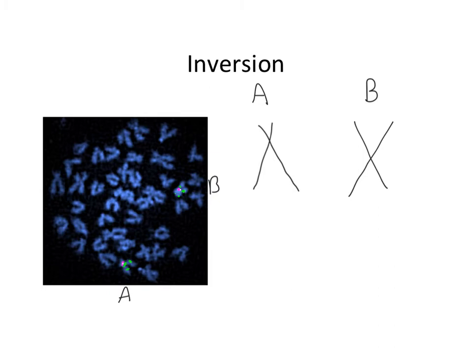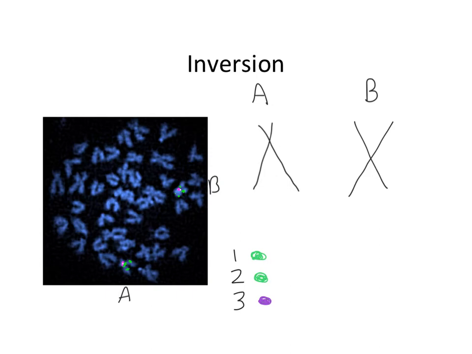Now in this experiment, we have 3 different probes, so I'll call them probe 1, probe 2, and probe 3. And because we only have 2 colors but 3 probes, 2 of the probes necessarily are going to be the same color. So we're going to say probes 1 and 2 are green, and probe 3 is purple.